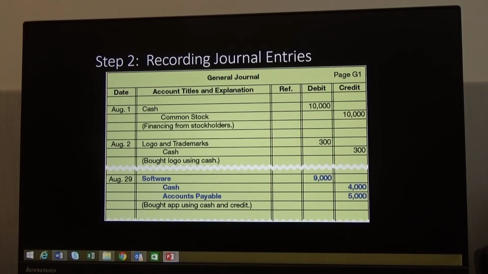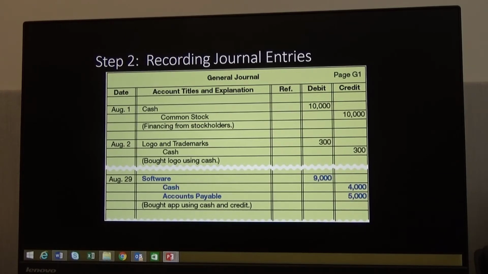Not all entries will just have two parts like those first two did. Some will have three parts like that third one. Some will even have more than three accounts that are affected. It's fine to combine as many as you need as long as the total of the debits equals the total of the credits. I want to also point out the format of these journal entries.